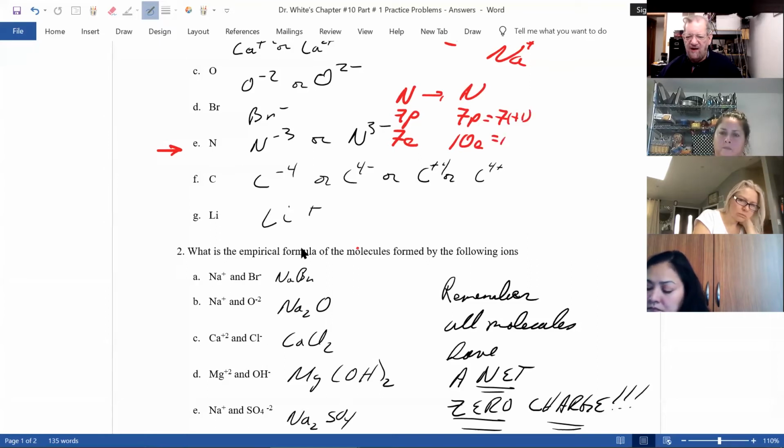Each electron is a -1. Multiply. Add this up. Dr. White learned this in 2nd grade, so I can do this pretty good. Been doing it enough years. That's adding and subtracting. And this would be a -3.